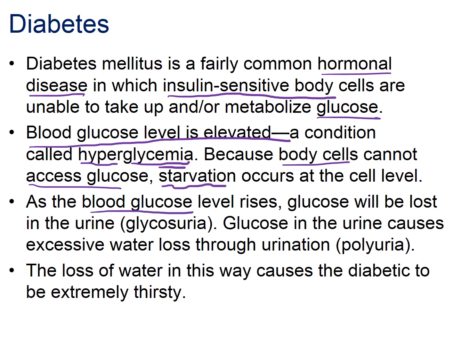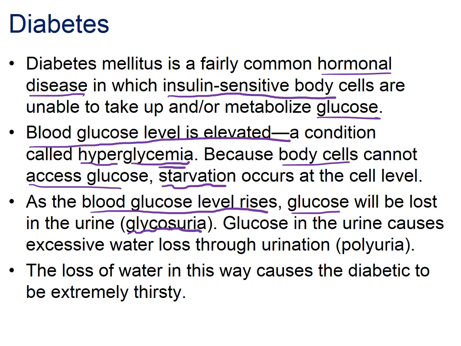And as the blood sugar level rises, as you learned in the urinary system, all this extra glucose will be filtered at the glomerulus, and you won't be able to absorb all of it back at the proximal tubule, so it all comes out in the urine, creating glycosuria, which basically means glucose in the urine.